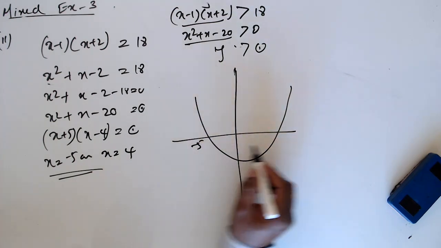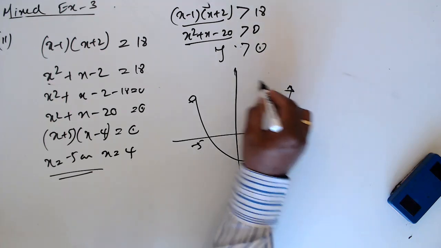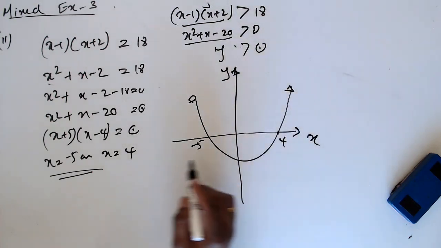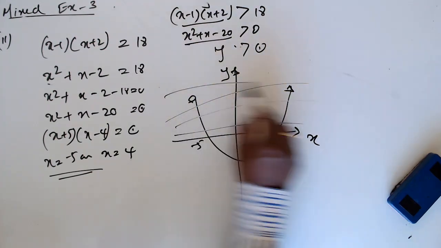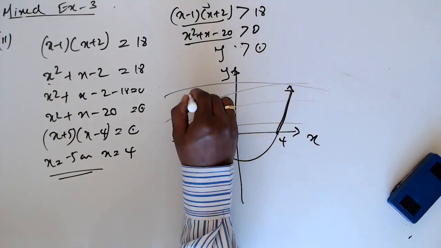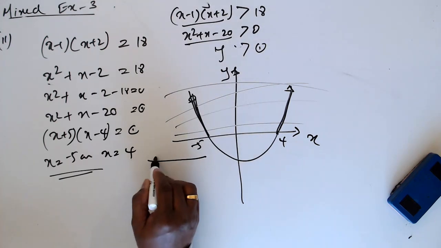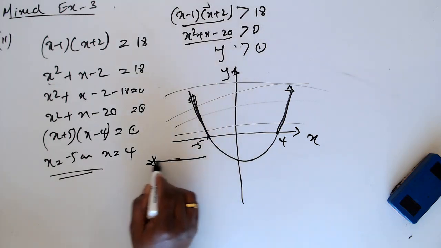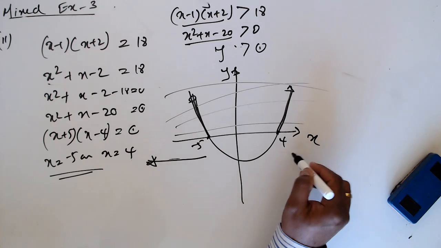This is minus 5 and this is 4 on the x-axis, and this is the positive area of the plane, and this is the positive part of the graph. So in terms of x, starting from minus 5 it goes to the left, and starting from 4 it goes to the right.